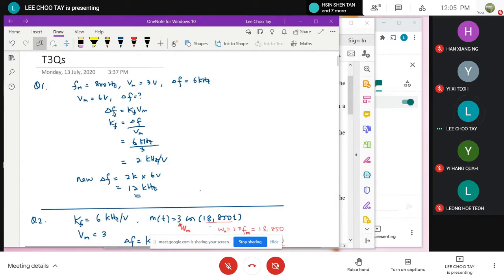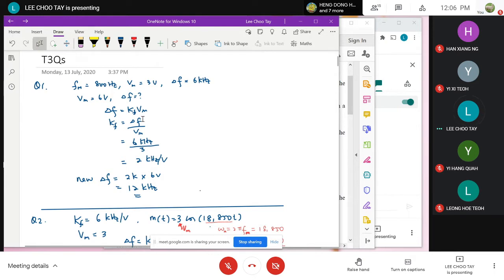Delta f is 6, so we just need to make use of this equation and then rearrange. We know what is delta f, we know what is Vm, we don't know what is Kf. So we need to find Kf first. So rearrange. That gives us Kf equals delta f over Vm. So delta f is 6 kilohertz, and Vm is 3 volt. That gives us a Kf of 2 kilohertz per volt.